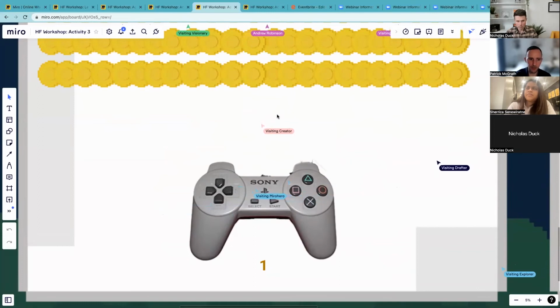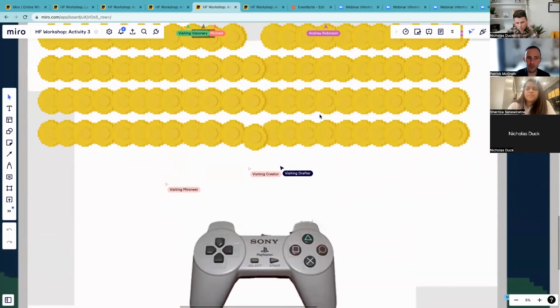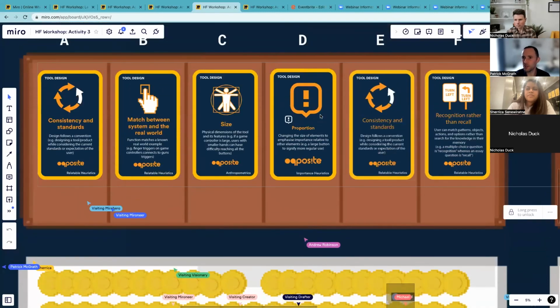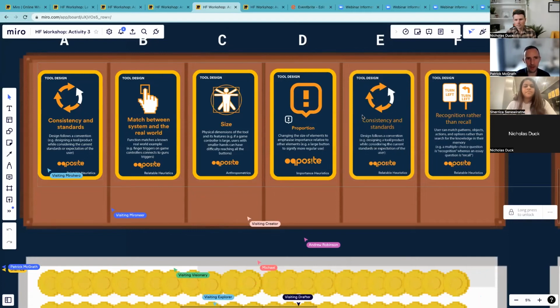There we see a very famous controller, a very famous set of buttons as well, now adopted as part of their core branding. So Nick, if you go up, what we want you to do is, with a coin over the top, move up to those cards, please, Nick. What we want you to do is to indicate, using a coin, which of these particular principles is not present on that particular controller.